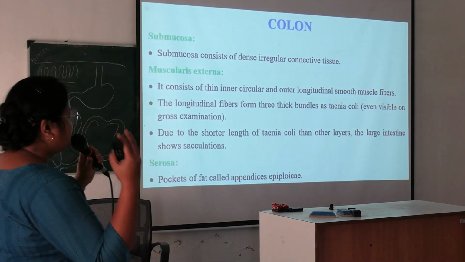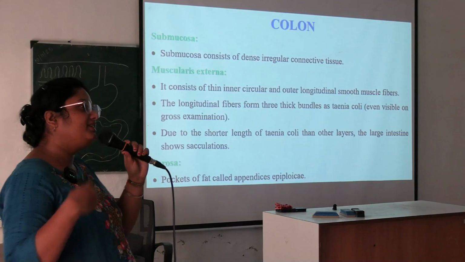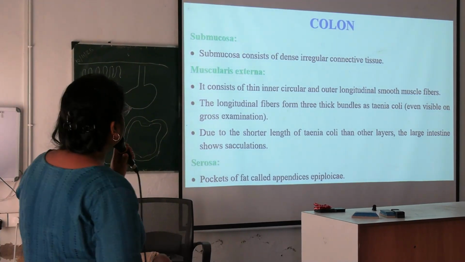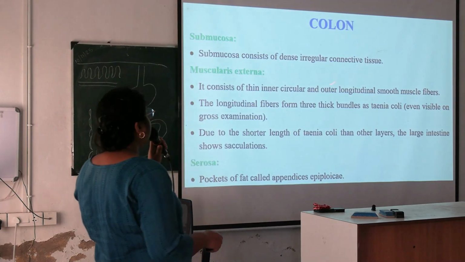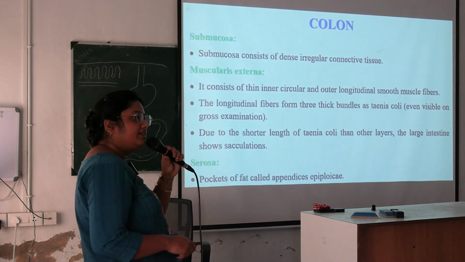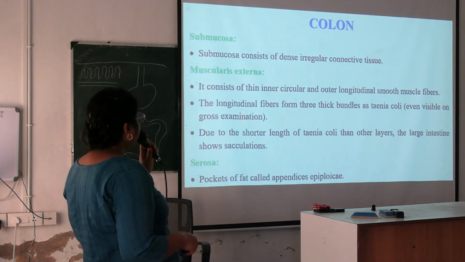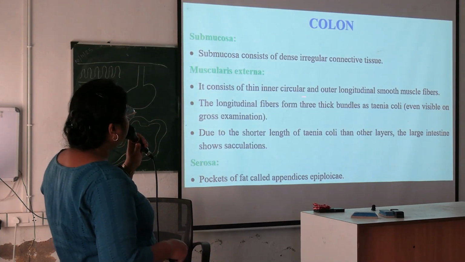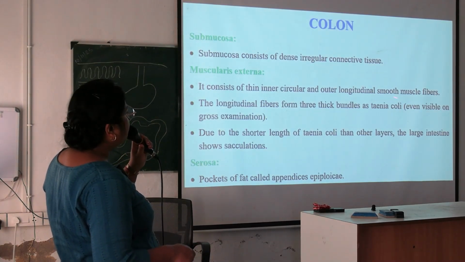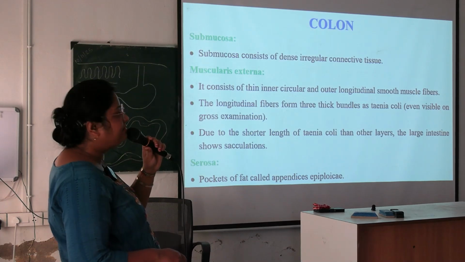Next, we are going to discuss the epithelium, mucosa, mainly 3 layers of the mucosa. Next, we are going to the submucosa. Submucosa consists of dense irregular connective tissue. Okay. And the muscularis externa consists of thin inner circular and outer longitudinal smooth muscle fibers.